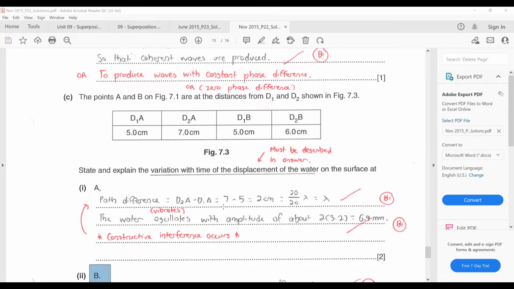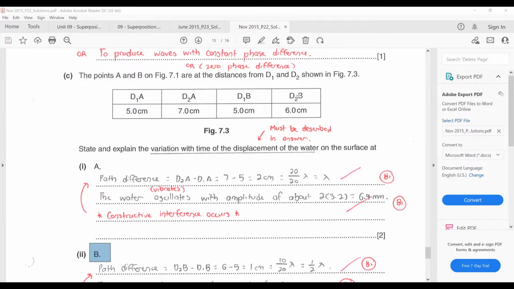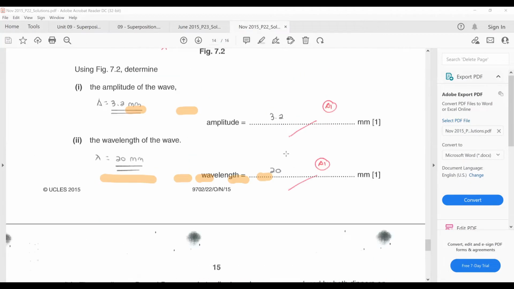Here, the easy thing to do is to find the path difference and express it in terms of fractions of lambda. So you first say this. Path difference D2A minus D1A will be 7 minus 5, equals 2 centimeters. Now you want to express it in terms of fractions of lambda. You already found the lambda in the previous page.